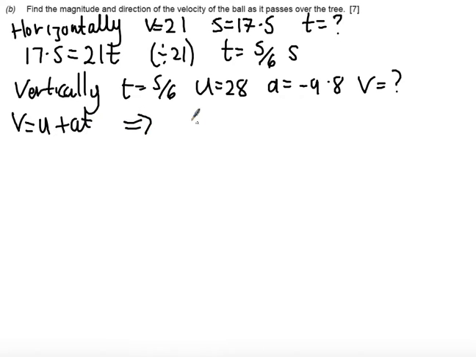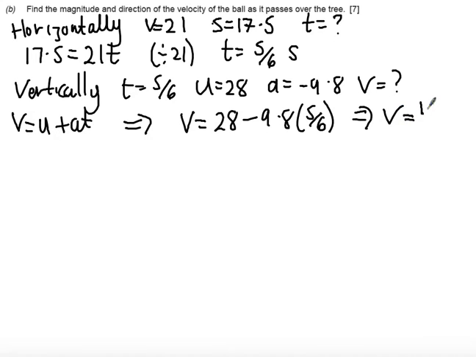Substituting our values in, I get V equals 28 minus 9.8 lots of 5/6. And when we work through this, I can give an exact answer here of 119/6 meters a second.